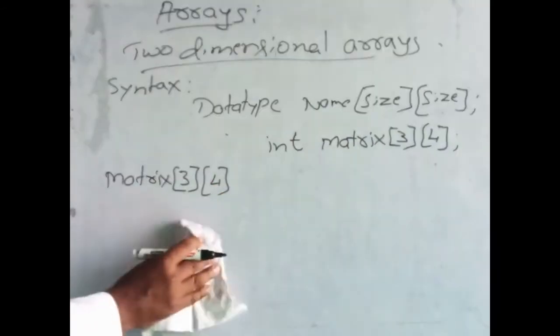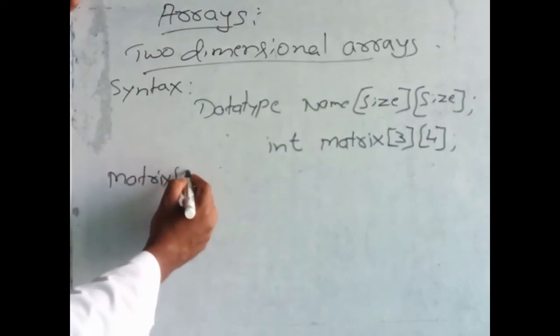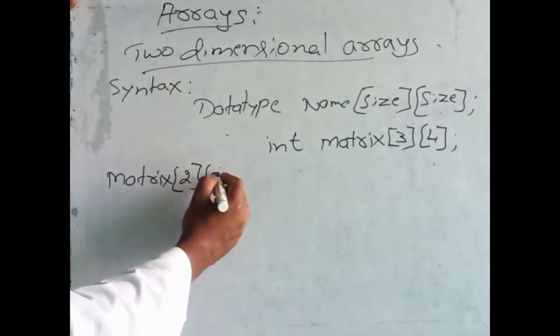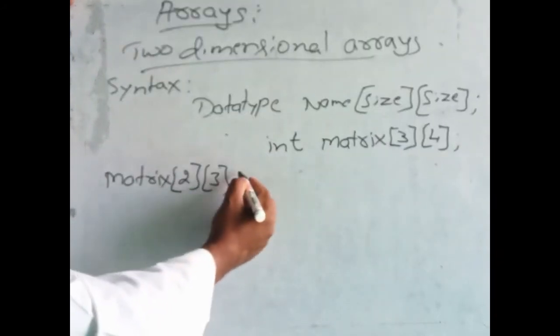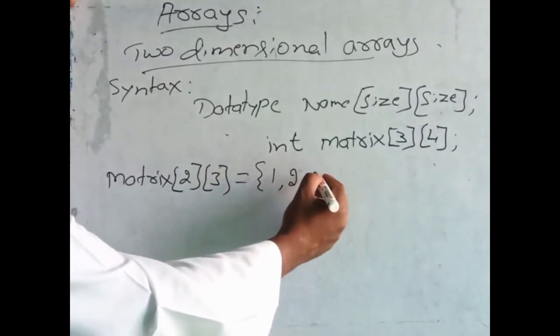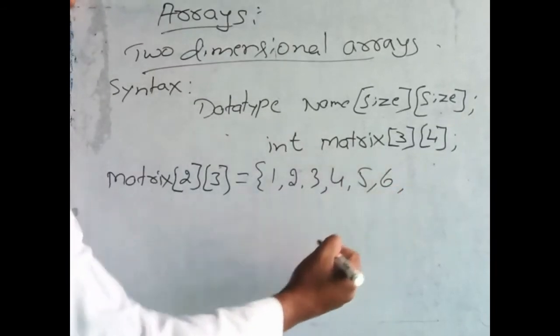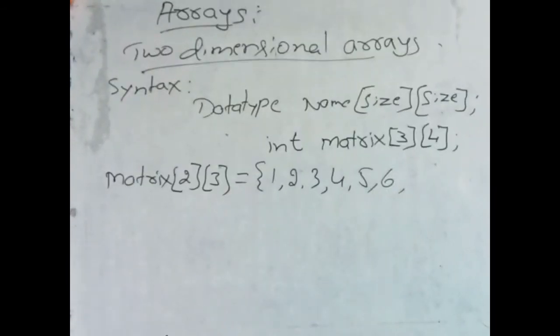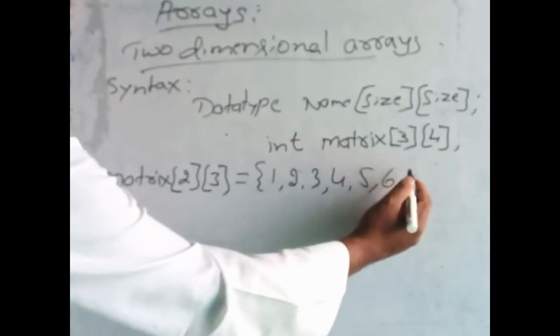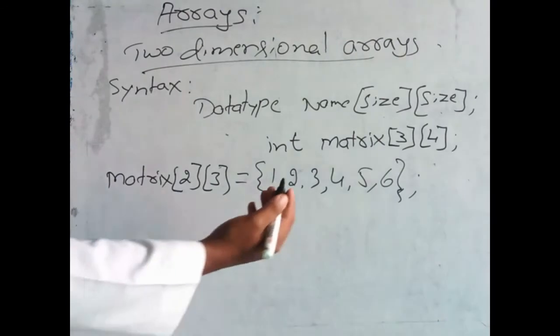Instead of 3, 4, first we will take a smaller one, 2 rows, 3 columns. We can initialize like this: 1, 2, 3, 4, 5, 6. In a single line we are initializing this.